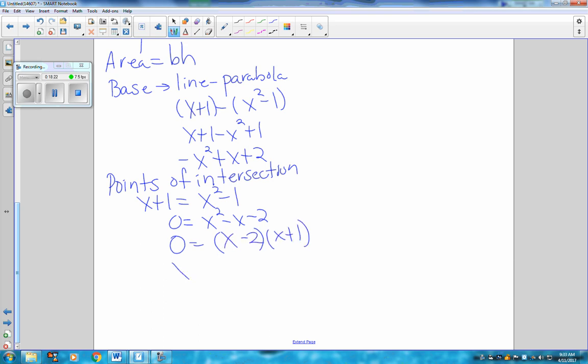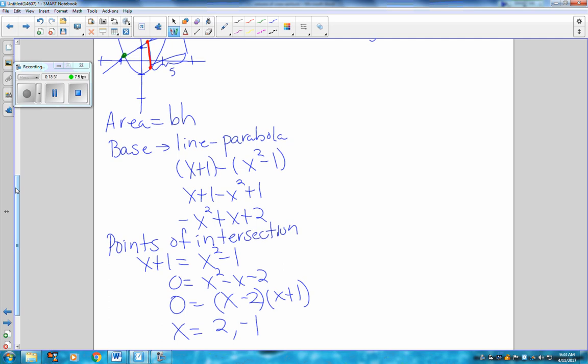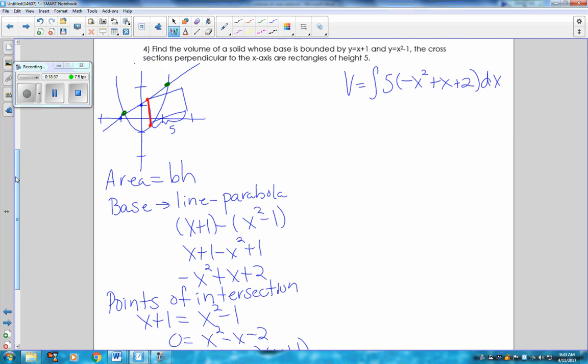So that means our x values of the points of intersection will be 2 and negative 1. Okay, go ahead and integrate that. That's what you should get.